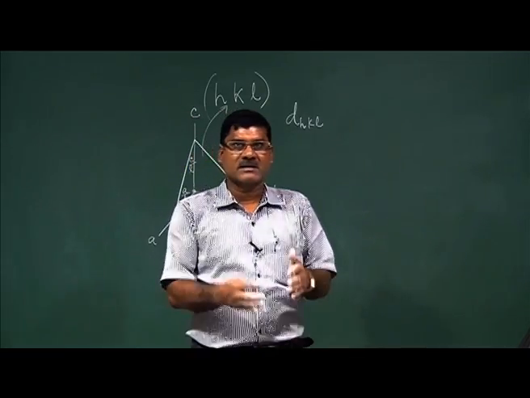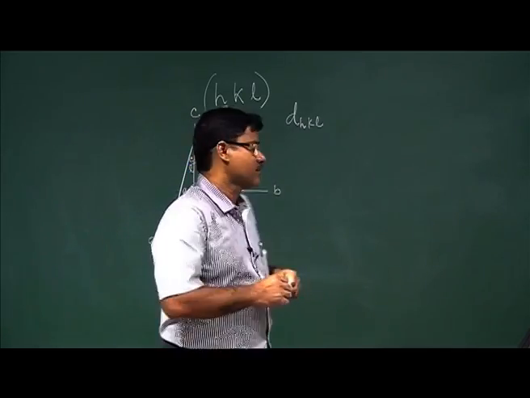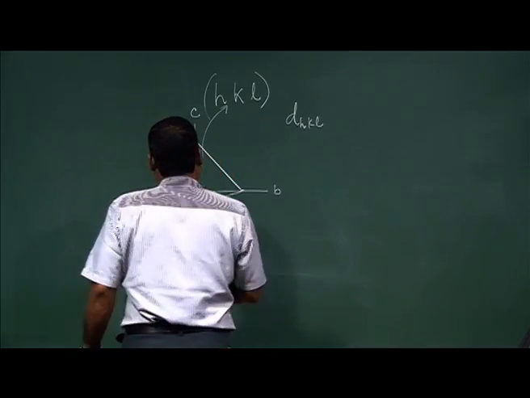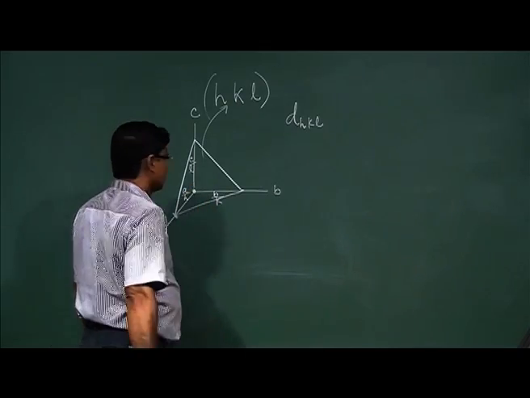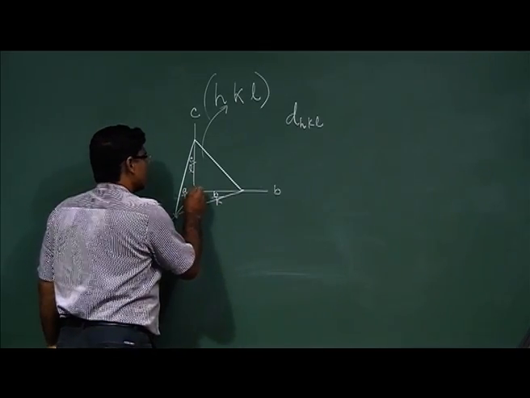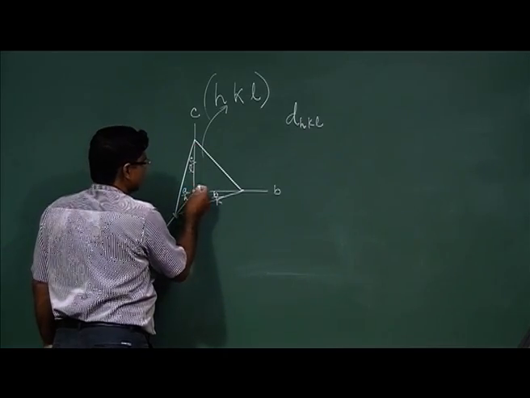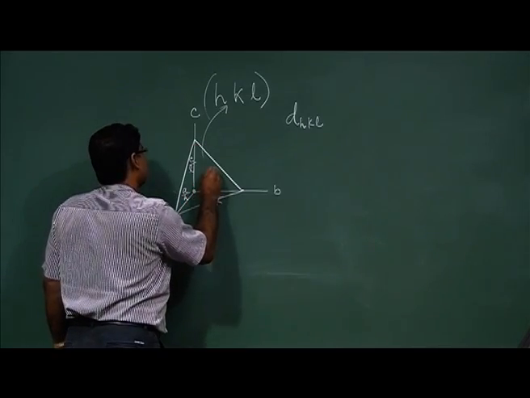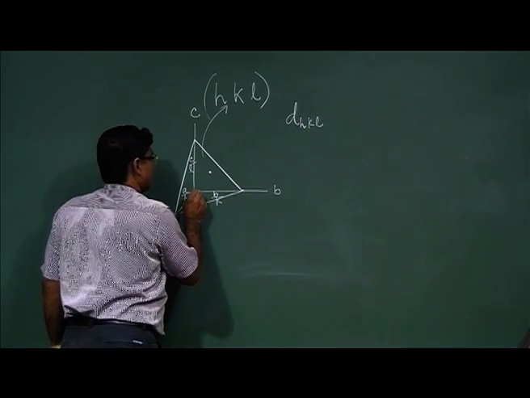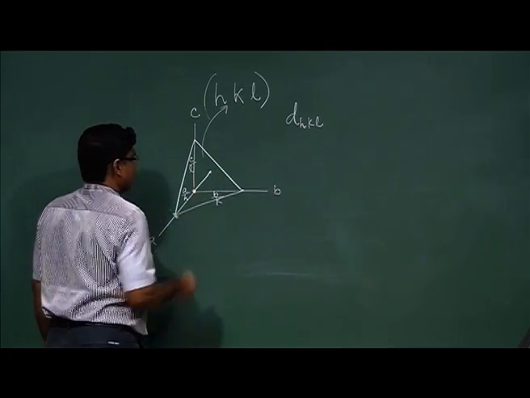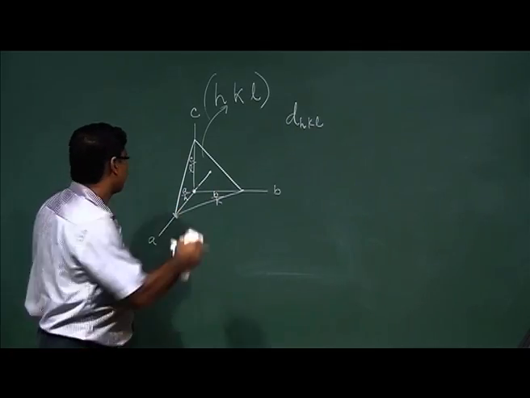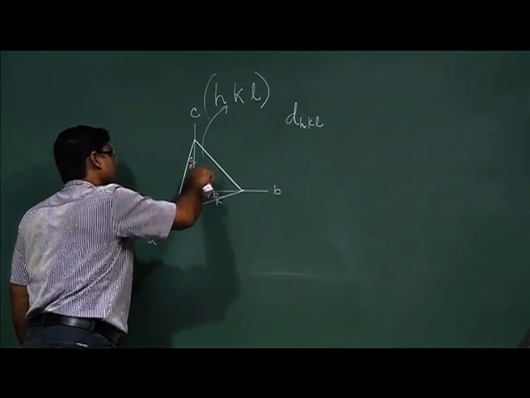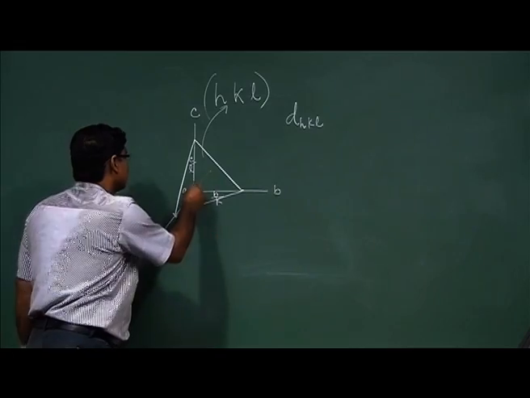So for the interplanar distance, I can consider that if I take a normal on this plane from the origin. I think I should take it slightly off, then it will be.